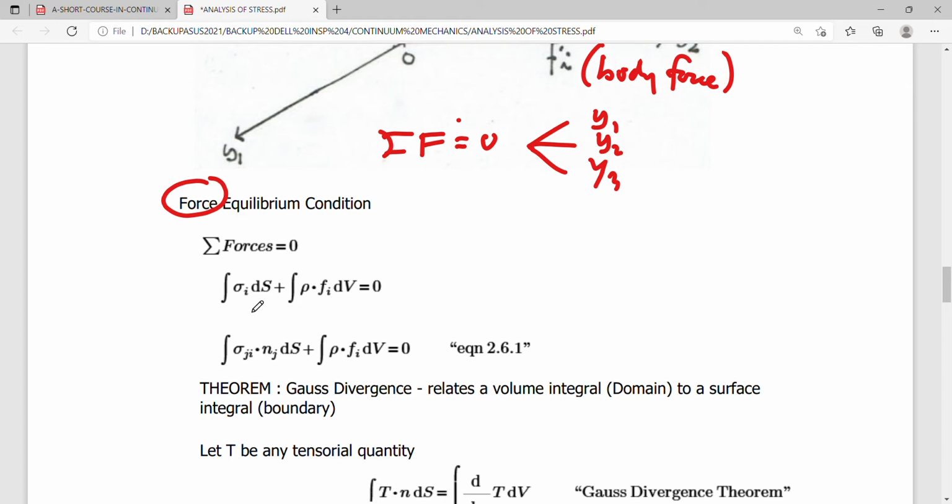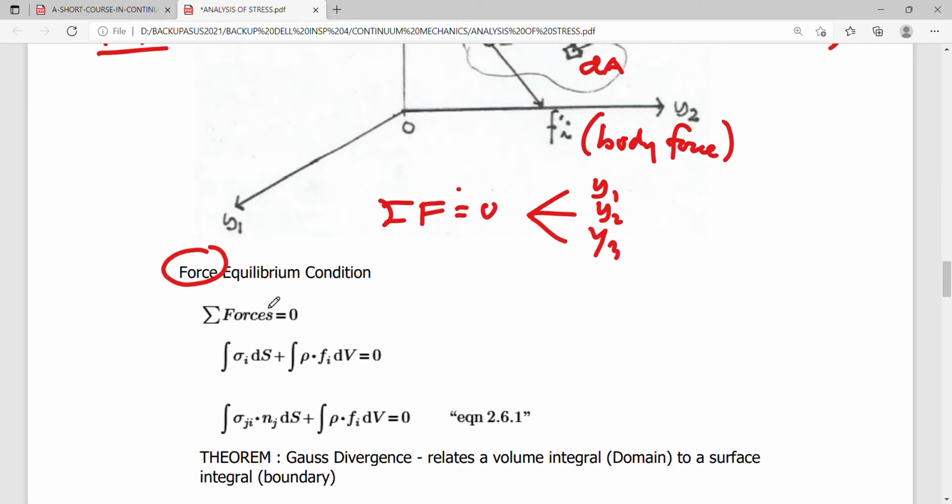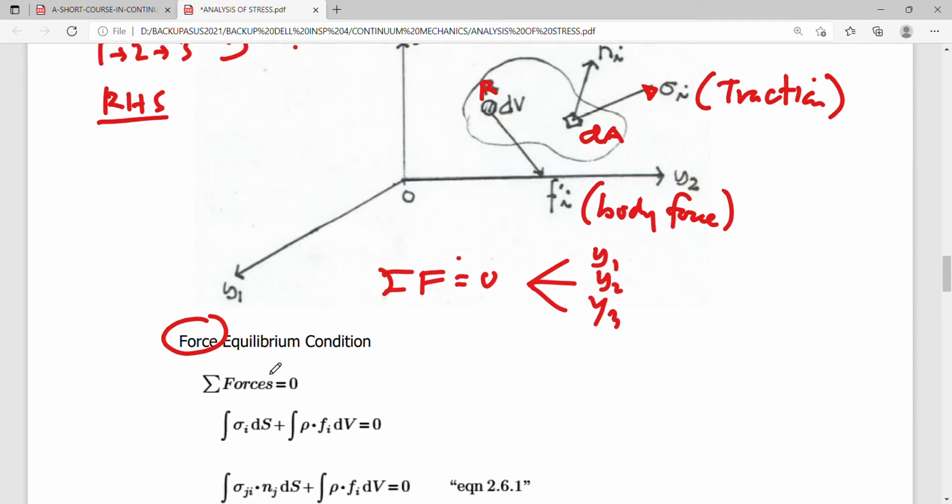We know that the forces simply involve your traction force, sigma i, multiplied by a differential surface area, which is ds here. So ds here is actually your dA, so let's not use dA instead.